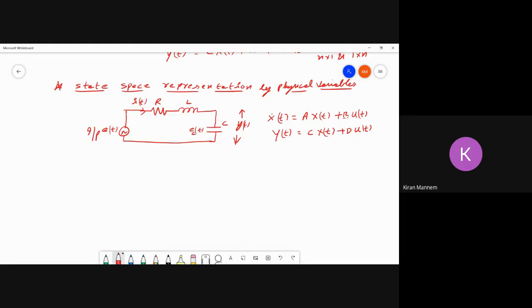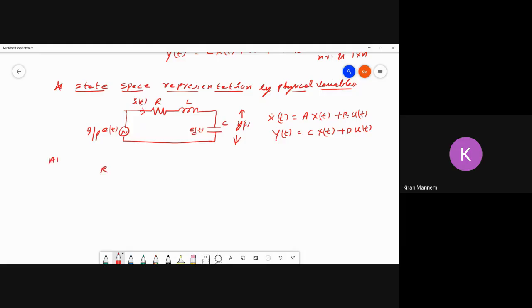So what are the variables here? Here you have some RLC elements. First, let us write the KVL equation for the circuit, the RLC series circuit. So what is the KVL equation?